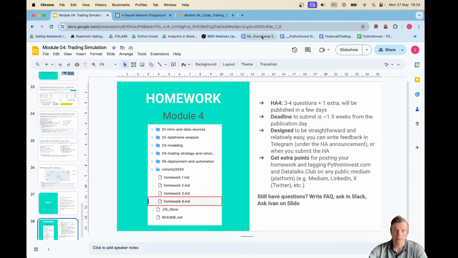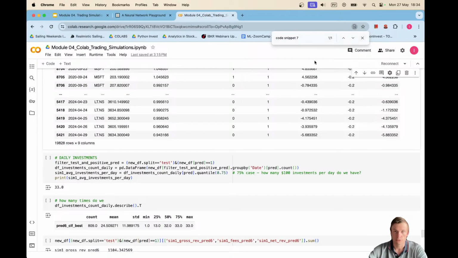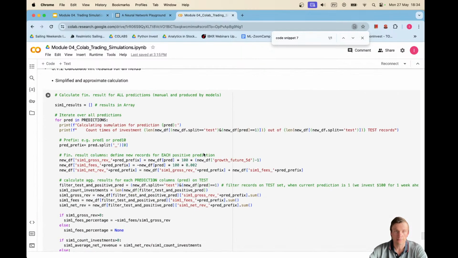So one thing that I want to show here is the final code snippet.